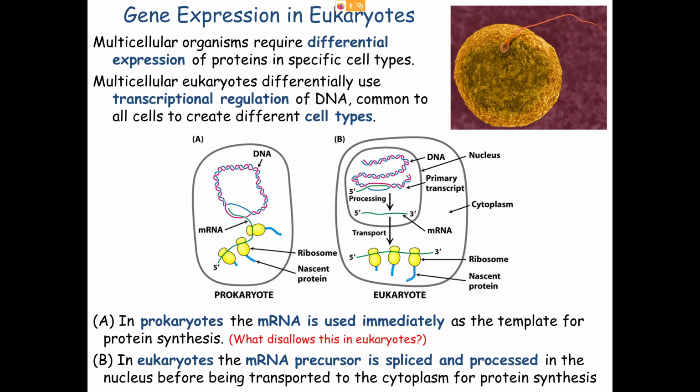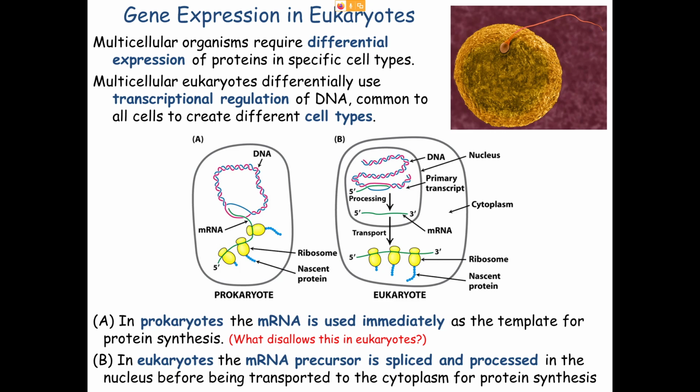Not the same protein, but different proteins. We're going to talk about splicing out introns and putting exons back together later. But I can make multiple different products from the same piece of original DNA, whereas prokaryotes can't do that. I make one message, it makes the same protein every time.